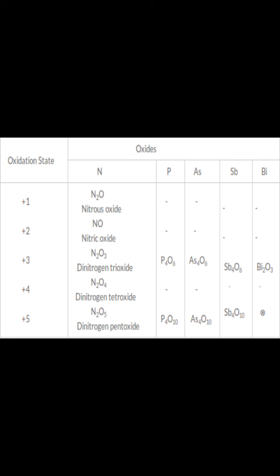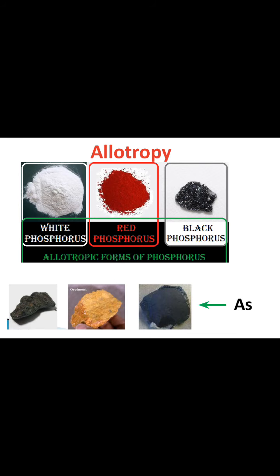Okay. Then allotropy. We have already discussed allotropy. Allotropy means the existence of different forms of the same element. We have already discussed the allotropic forms of carbon. Similarly, nitrogen shows two allotropic forms, alpha nitrogen and beta nitrogen. Alpha nitrogen is cubic and beta nitrogen is hexagonal.